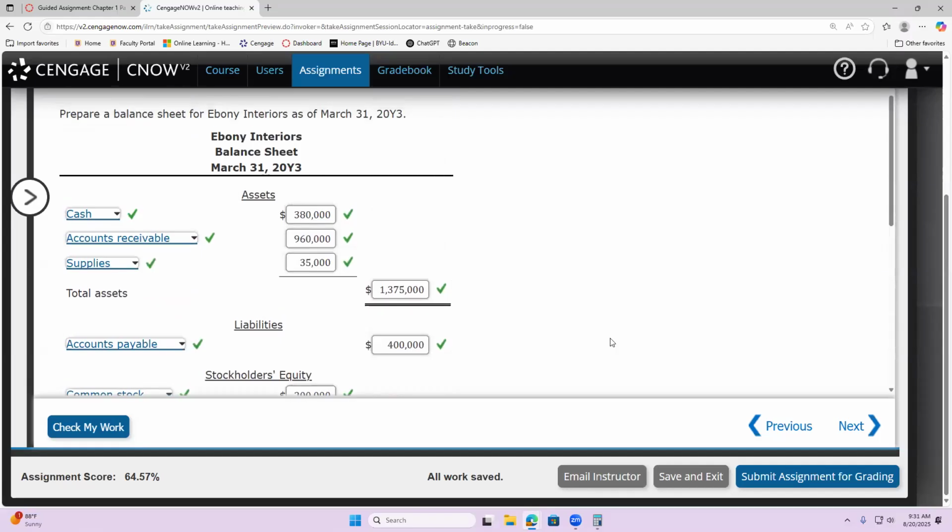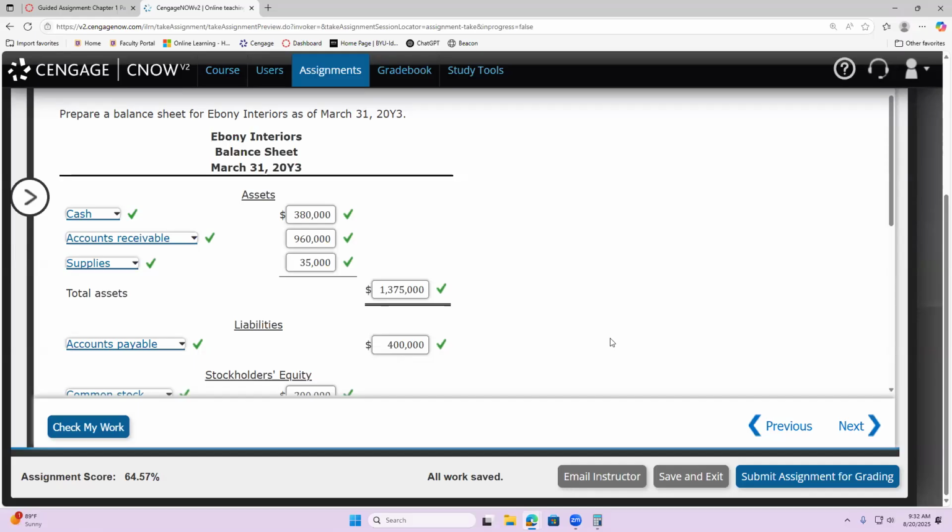So this depends upon us knowing or recognizing that our changes to retained earnings, that retained earnings equals revenue minus expenses minus dividends. So that's the first thing we need to know.